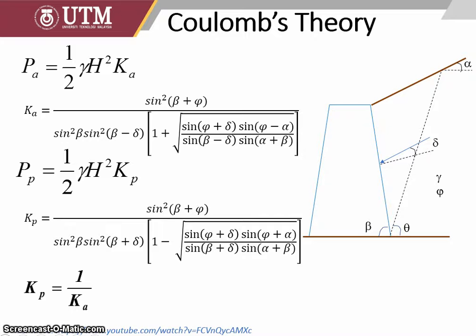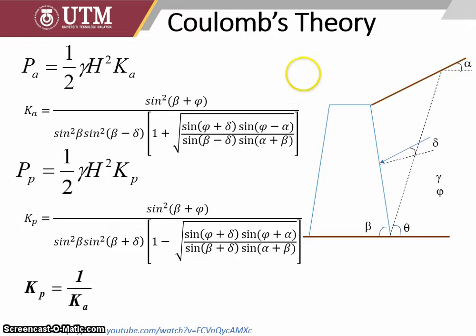Please note that Rankine always assumes smooth interaction between the retaining wall and the soil. But Coulomb considers the friction that occurs between the soil and the structure.